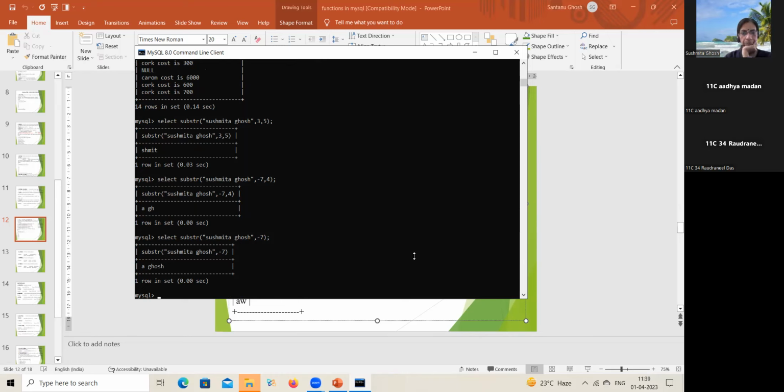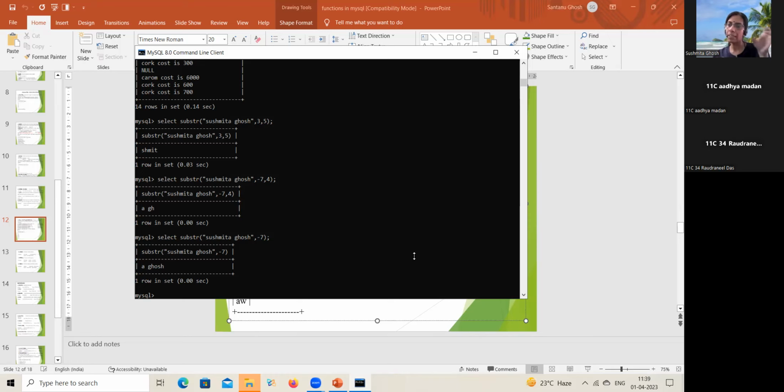Right? So the meaning of the substring function is a portion of a string. The English meaning of substring is a portion of a string. So this function is actually meant to extract a portion of a string. Left is also for extraction, right function is also for extraction, substring function is also for extraction.